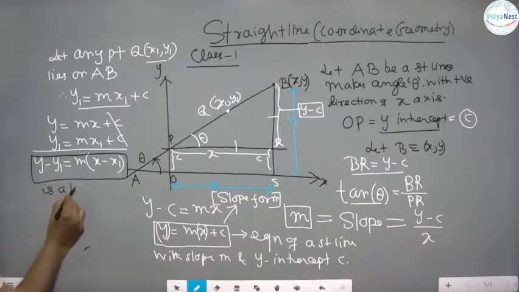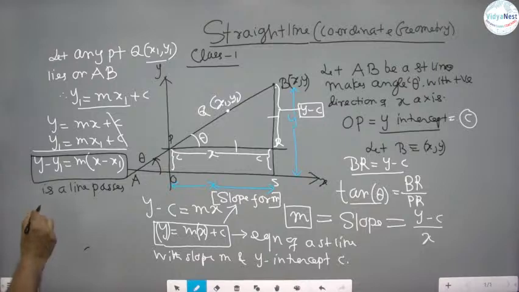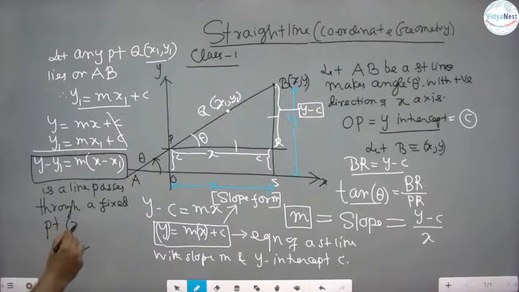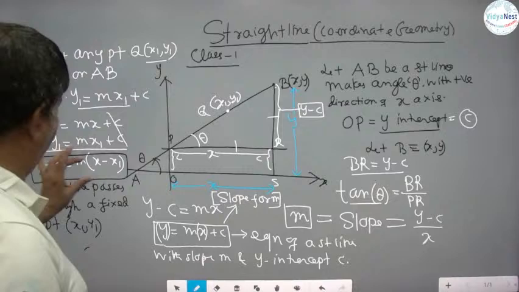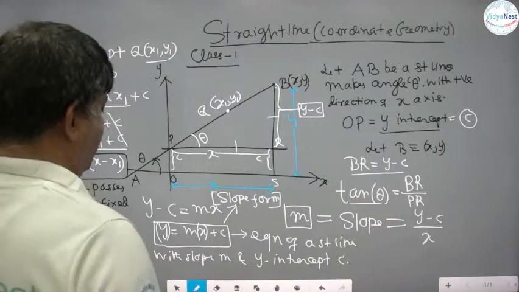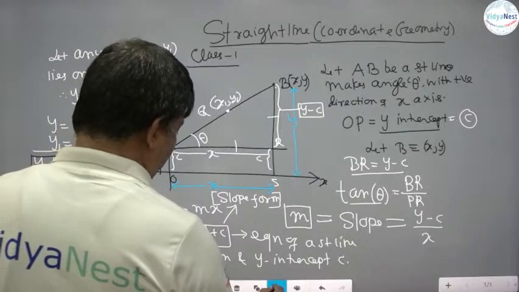This is the equation of a line passing through a fixed point x1, y1.